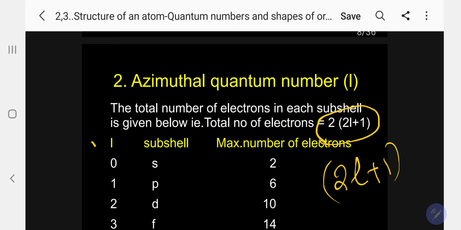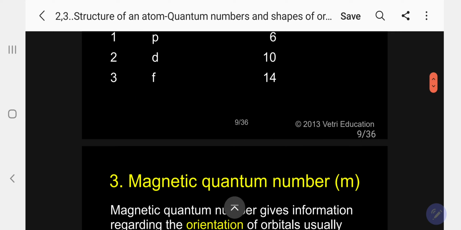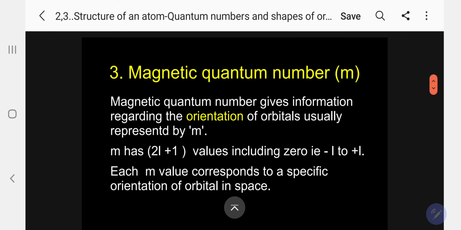Just see here, L value 0, S subshell, maximum 2 electrons. 1, P, maximum is 6 electrons: Px, Py, Pz, each 2, so 6 electrons. D, 5 d orbitals will be there, later will come there: dxy, dyz, dzx, dx square minus y square, dz square, 5 into 2, 10. And lastly, F, it is 14. Kindly follow.